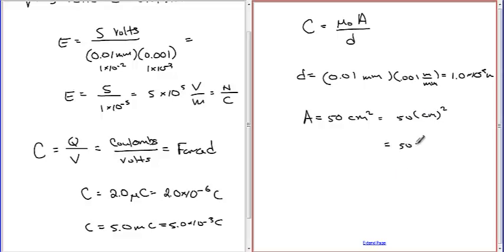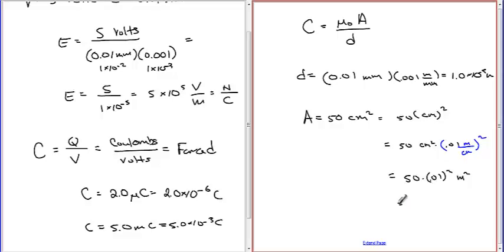So you'd have 50, and you have 0.01 meters per centimeter. And then you square that to get into centimeters squared. So that would be 50 times 0.01 squared, and the units there would be meters squared.